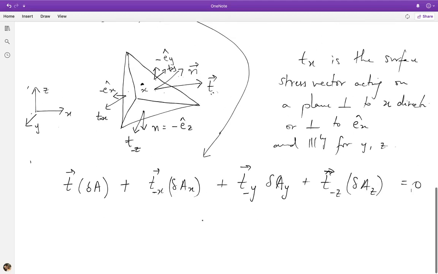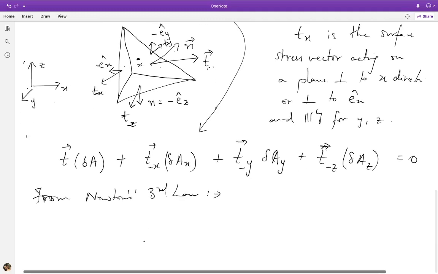Now, how can we relate T minus x to Tx? Well, this is quite simple, because from Newton's third law, which basically says that forces act equal and oppositely.